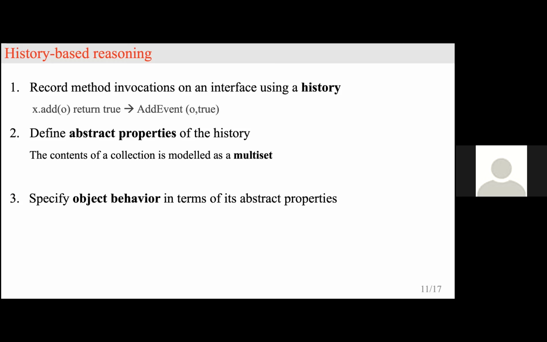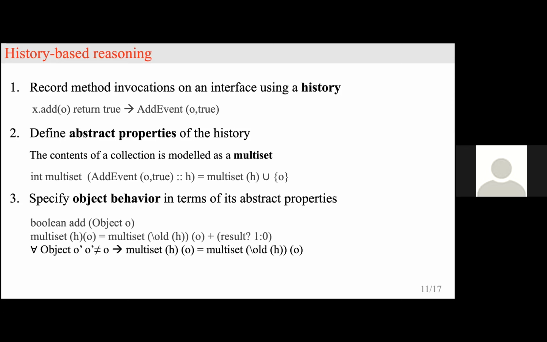Next, we define the abstract property of the history. Here, we use a multiset to model the content of the collection. For the example we gave, we can say that the multiset will be the old history's multiset union the new object O after we add the add event. The third step is to specify object behavior in terms of its abstract property.